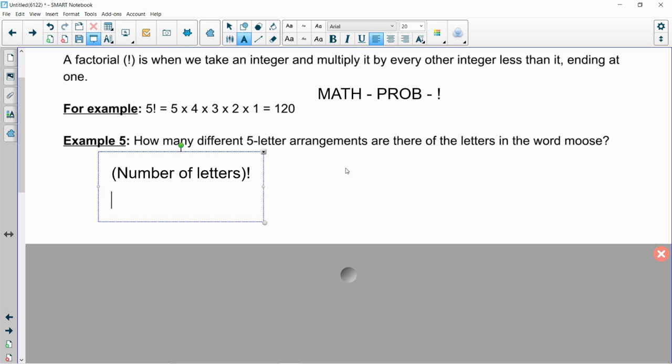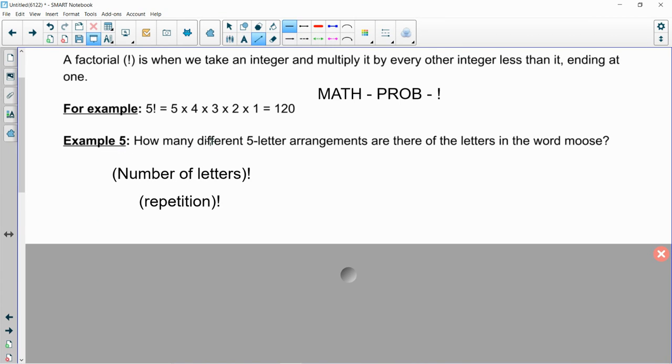Then we're going to divide that by the repetition factorial. So this is going to be our basic little fraction that we're going to use as a formula, more of a relationship between the total number of letters and those that repeat.